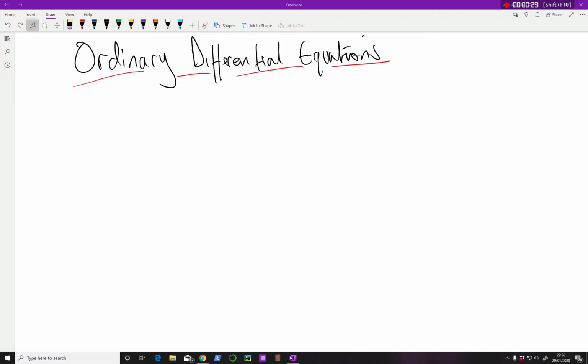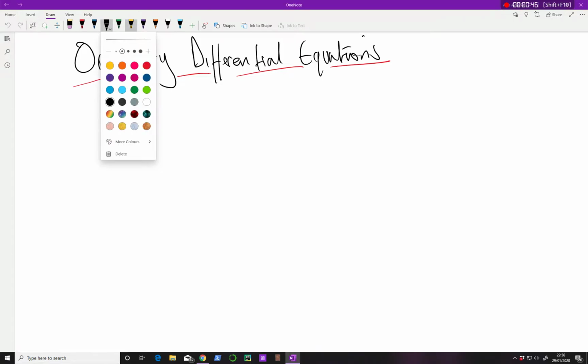When you're working with ordinary differential equations, by the way, this is within the context of A2 Further Maths Core 2, so FP2, there's really two or three main things that you're being tested on.